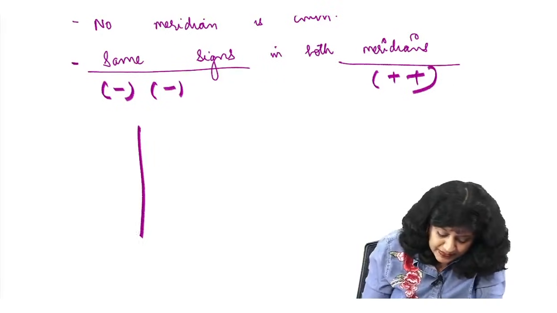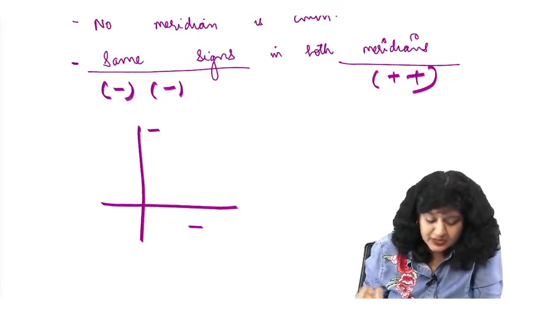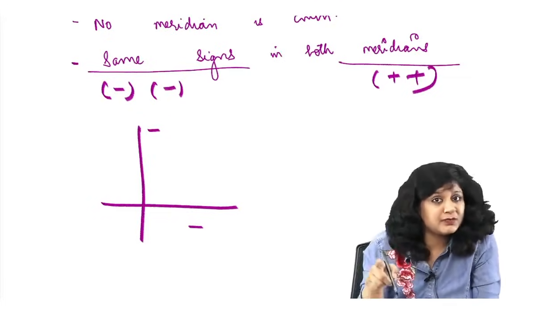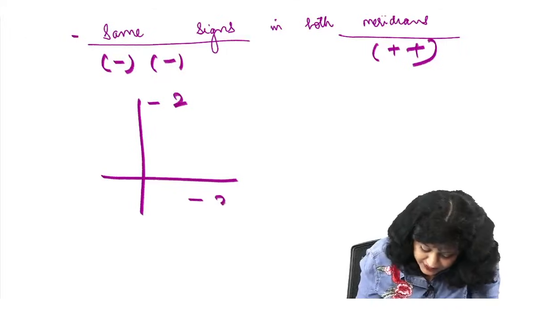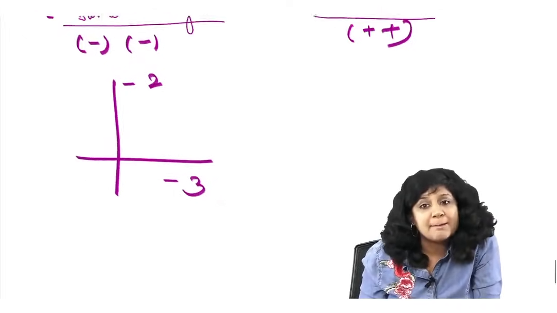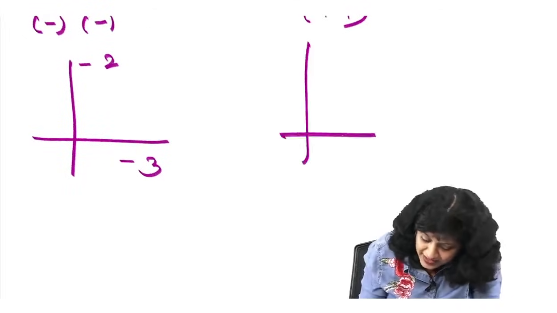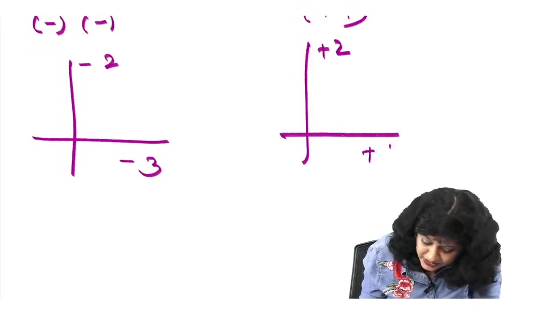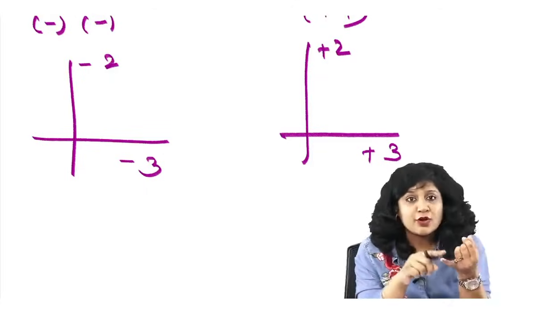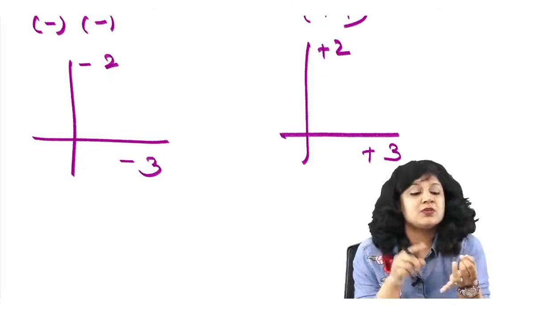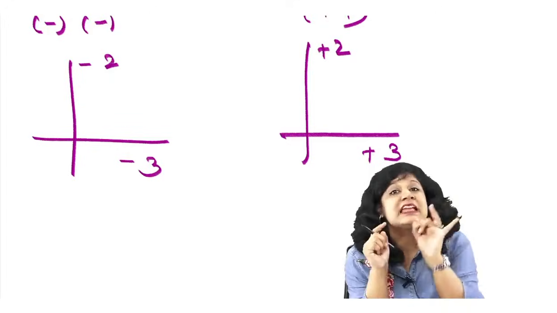For example, if I have both minus, obviously the numbers have to be different, because otherwise it will not be astigmatism. Suppose I say -2 and -3. Then this is compound astigmatism. If I have +2 and +3, this is also compound astigmatism, because none of the meridians is emmetropic, you are having different power with the same signs.